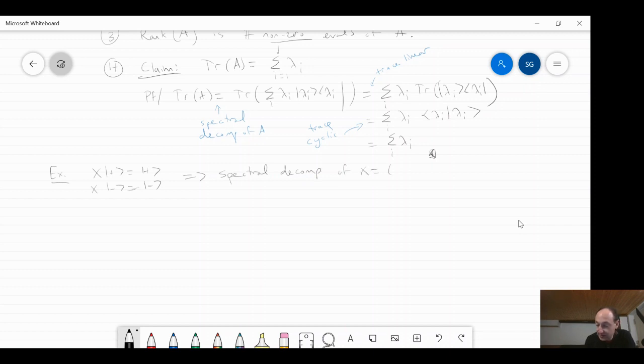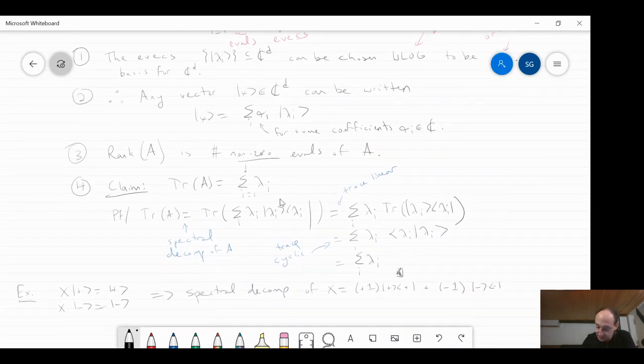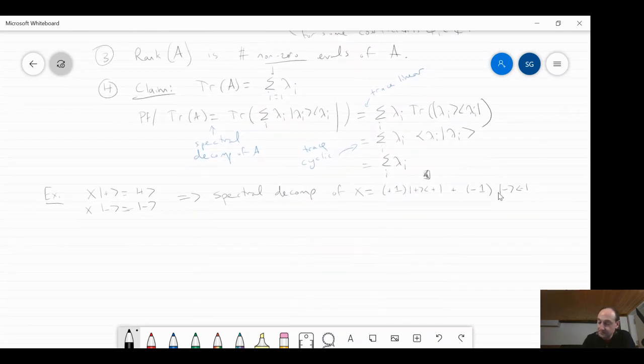Well, it's just going to be the eigenvalue plus 1 times the first eigenvector, plus-plus, and the second eigenvalue minus 1 times the second eigenvector. So here's an example of the spectral decomp. It's a sum over eigenvalues times eigenvectors. And if you just expand these out, so just take plus, expand the outer product, you'll see that this is exactly the matrix X.